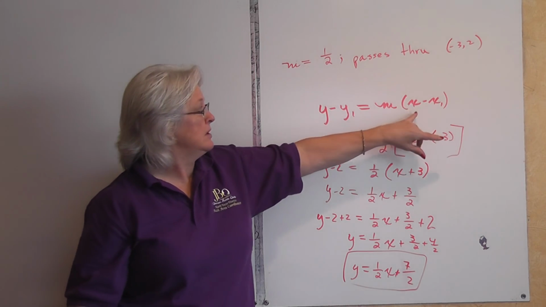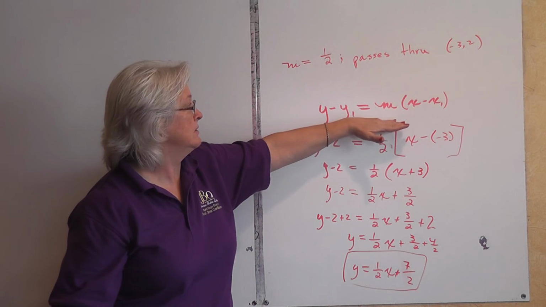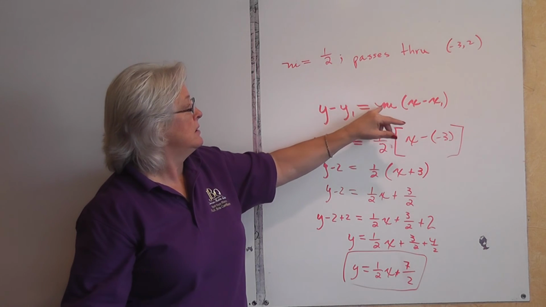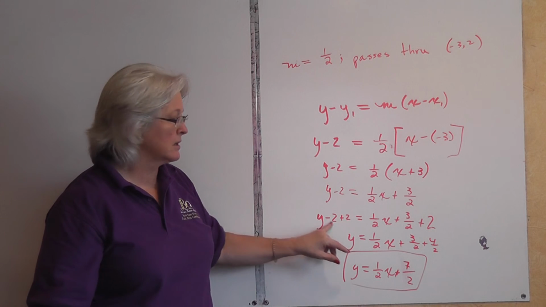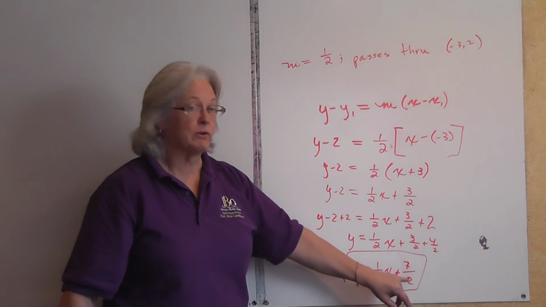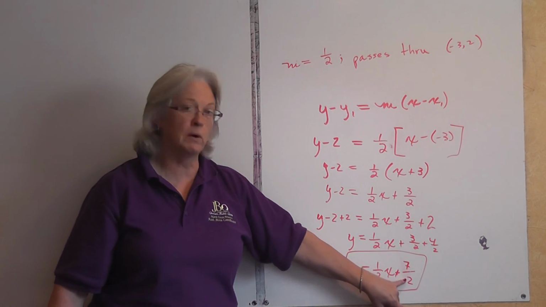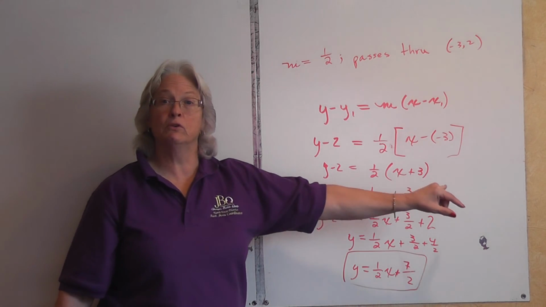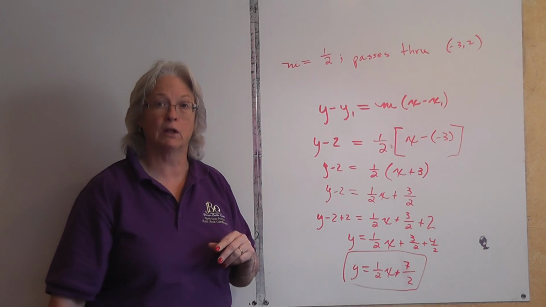You substituted those values, the m, the x sub 1, and the y sub 1, into the appropriate values here in your point slope form of a line, did your algebra, came up with your final answer here in slope intercept form of the line. And if we asked you to sketch this, it would be easy. You would go to the point 7/2 on the y-axis, go up 1 unit, over 2 units to the right for your second point, and you'd be able to sketch the graph of your line.